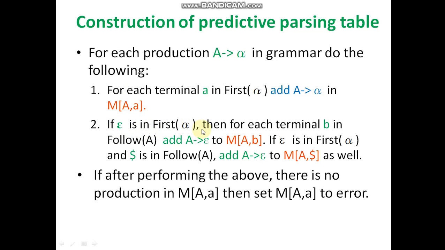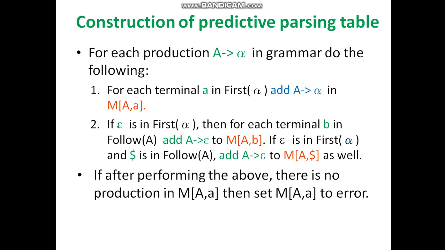Second rule: if epsilon is present in the first of alpha, then for each terminal symbol small b in the follow of A, we can add the null production, that is A gives epsilon, in the capital A row and small b column.